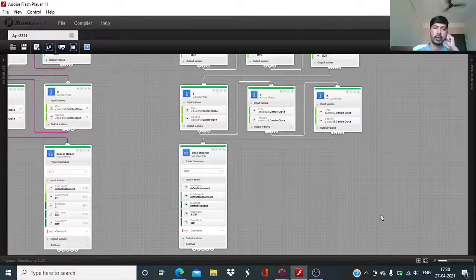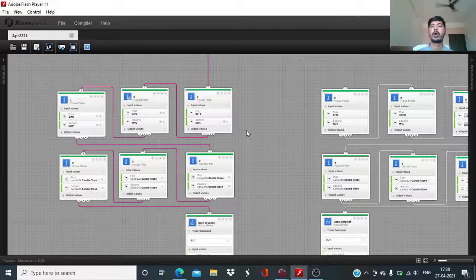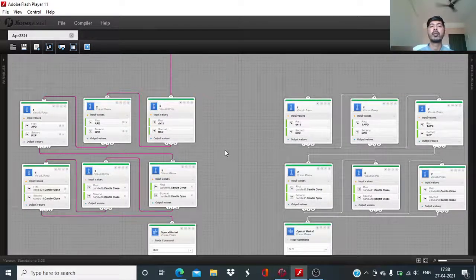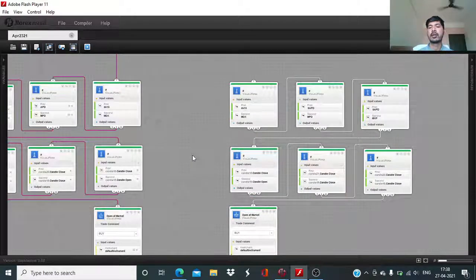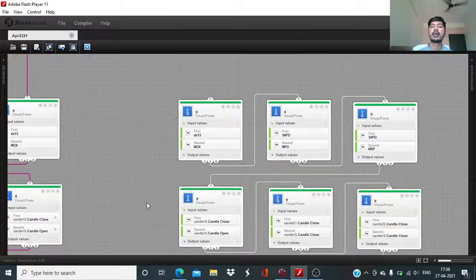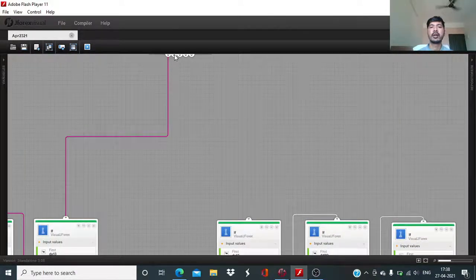That indeed looks to be the case, as we had 6 blocks while defining the buy side requirements, and we have 6 blocks of if else while defining the sell side requirements.